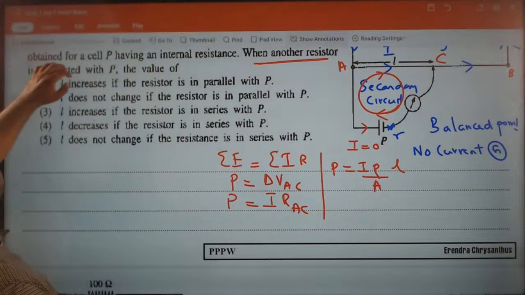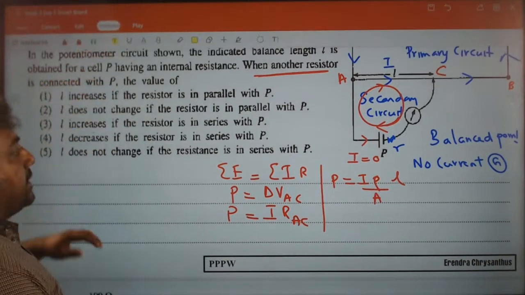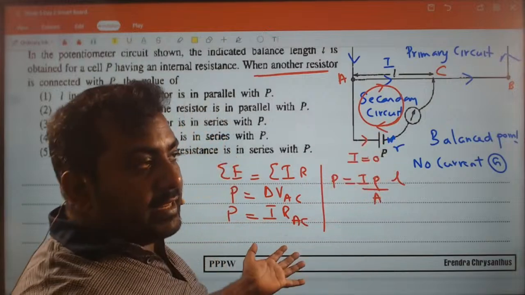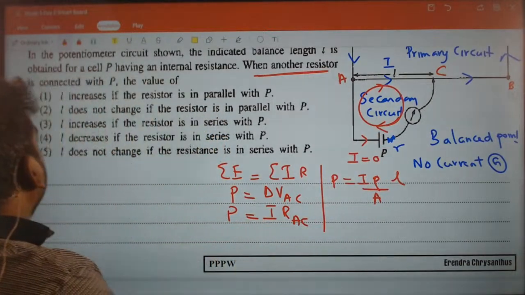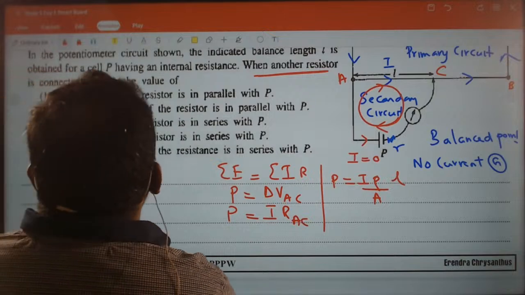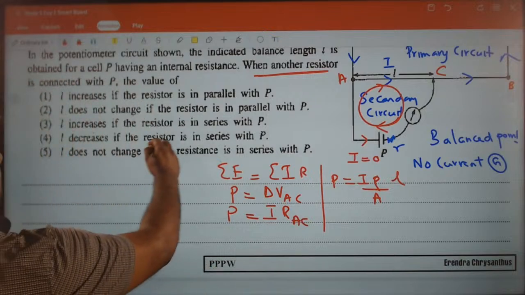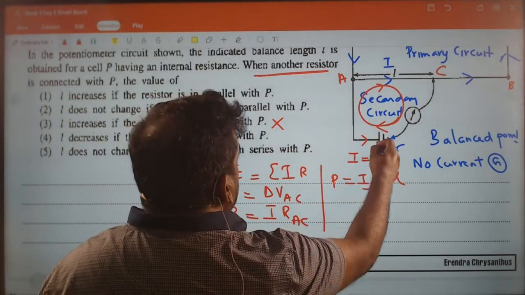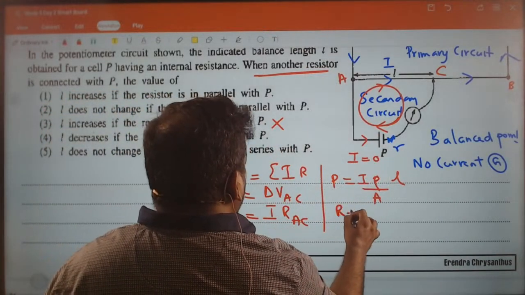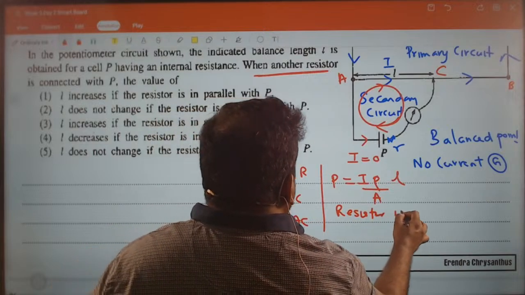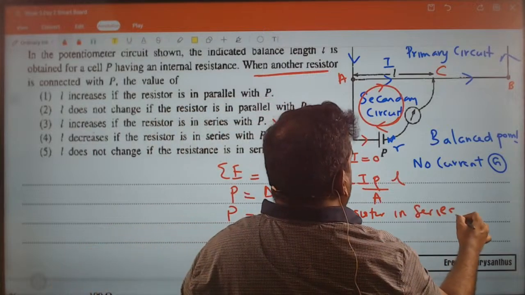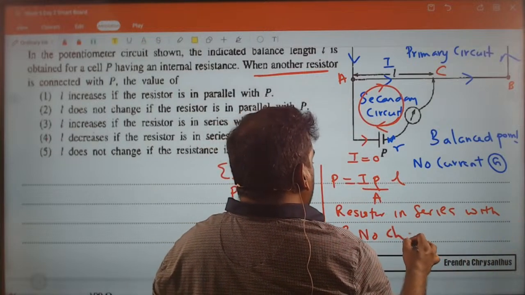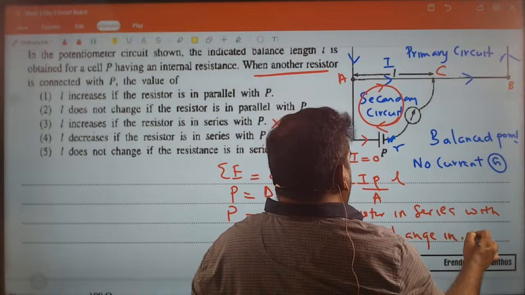Okay, let's eliminate certain things. What if a resistor is connected in series? Series connection means no effect. L does not change, so the option 'L increases' is wrong. If I connect a resistor here in series with P, no change in L. Why?